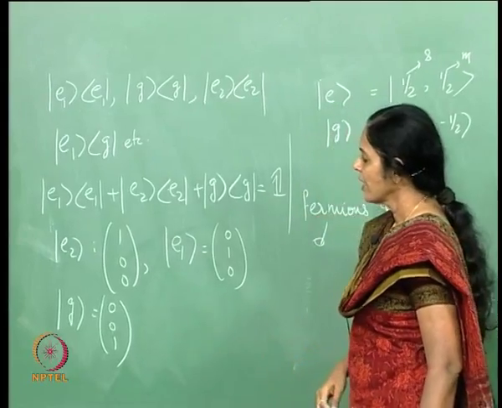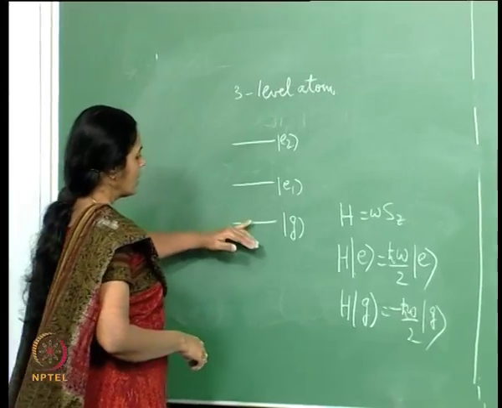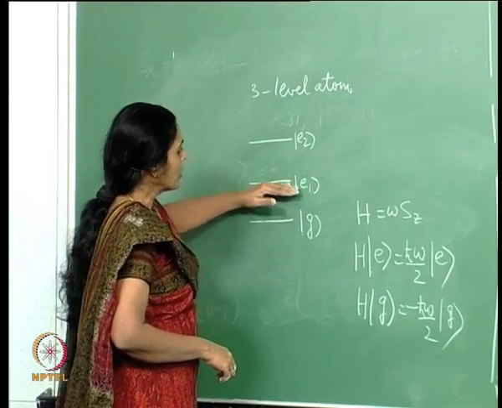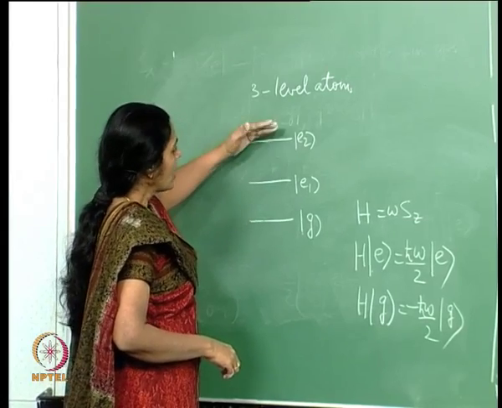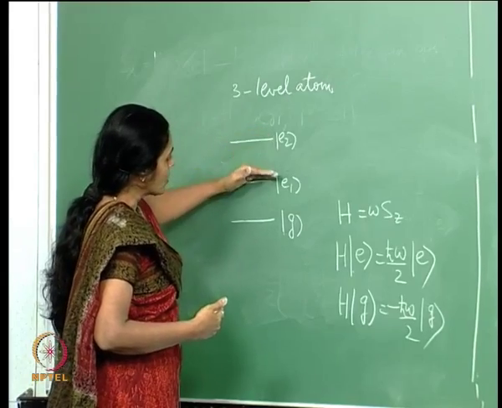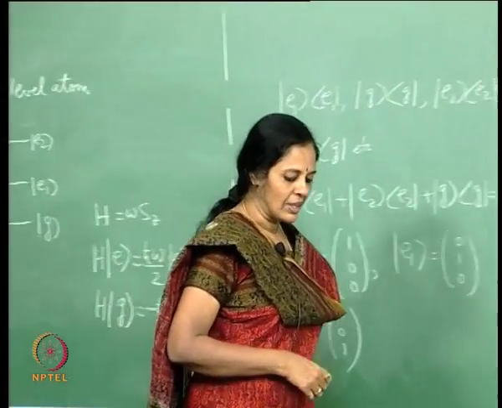This is a possible representation for the basis vectors, and in terms of these I can write out various operators for this system. I should be able to construct raising operators, that is operators which act on ket G and take it to ket E1, act on ket E1, take it to ket E2, and lowering operators which will bring down the atomic levels. How exactly is this done?